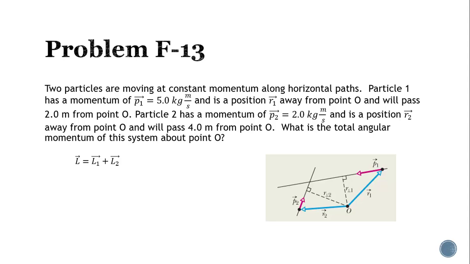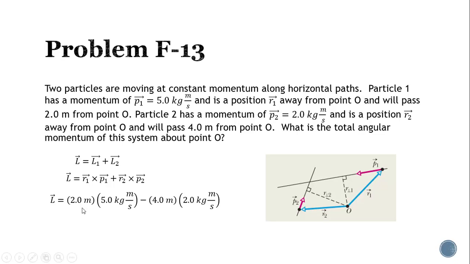So what we're going to do is find the angular momentum of each particle and do r1 cross p1, r2 cross p2. Basically that means we have this shortest distance, what we call the perpendicular distance, and we multiply that by the regular momentum. There's a negative sign in here because one of them has a counterclockwise angular momentum, particle 1 does, and particle 2 has a clockwise angular momentum.